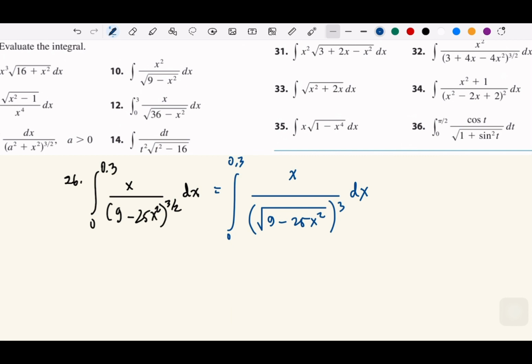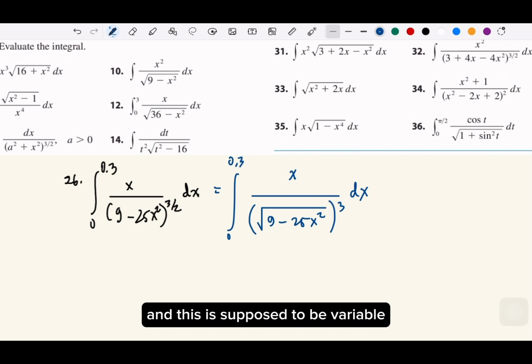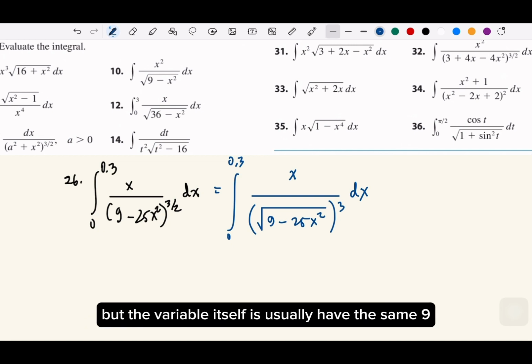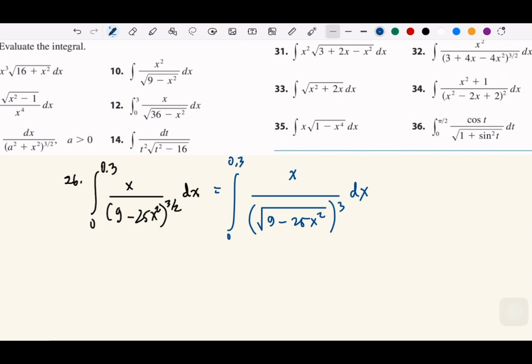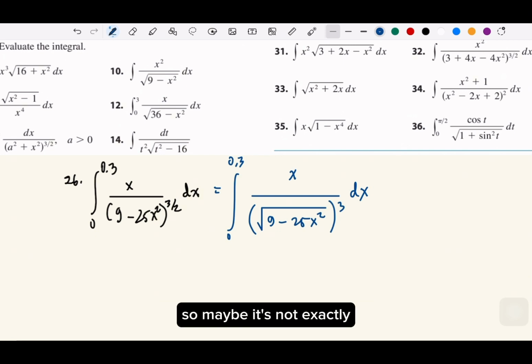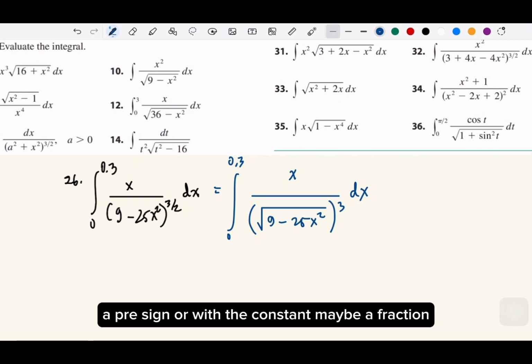And now we have a constant, and this is supposed to be the variable, but usually we have the same 9, right? So we know, if this is 9, then maybe it will be 3 sine or 3 cosine, right? But we have 25, so maybe it's not exactly 3 sine, but the constant may be a fraction.